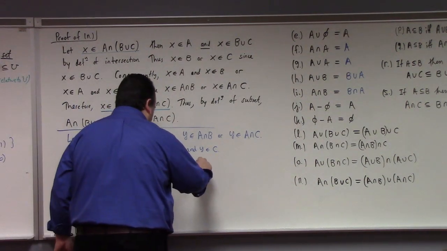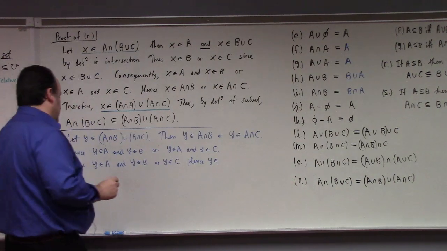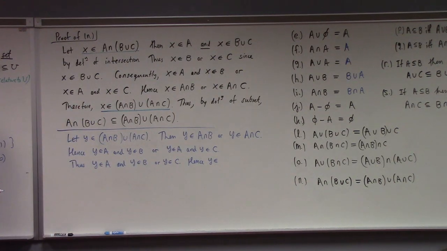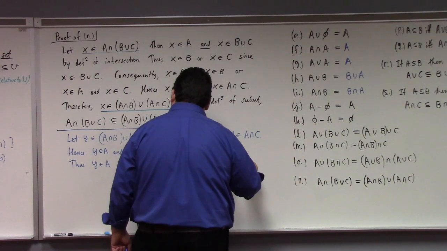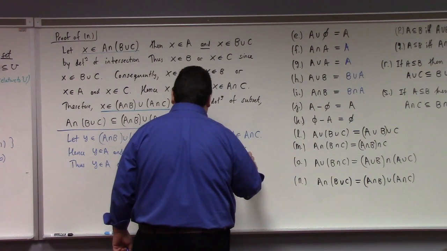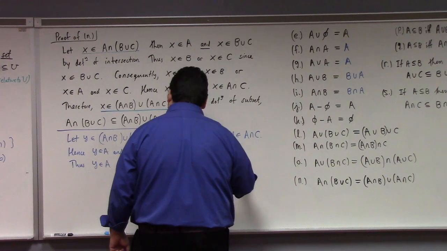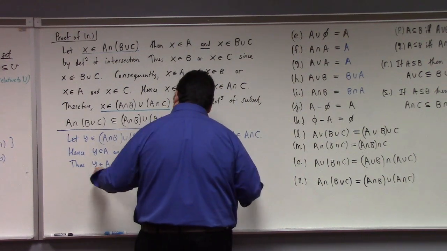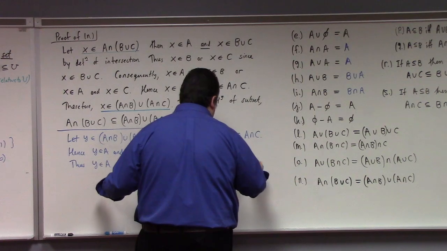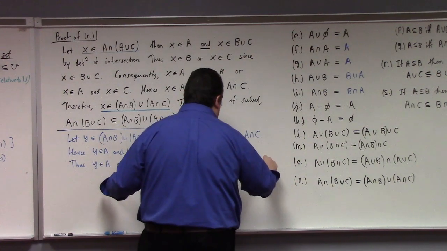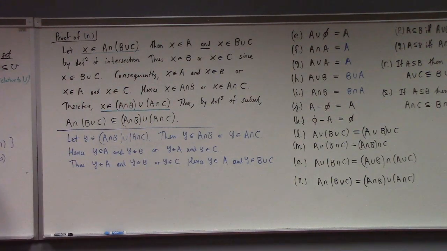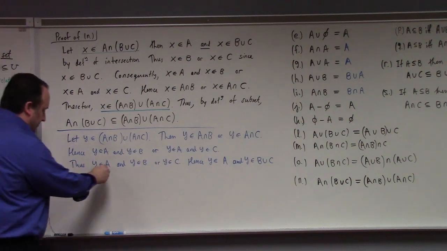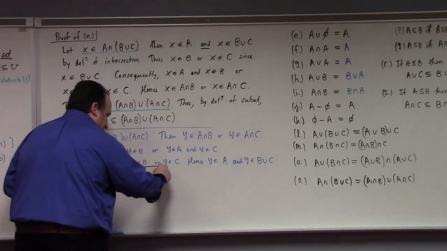Hence what? Y is an element of A intersect B, my bad. Let me say this, Y is an element of A and Y is an element of, I'll get out of the way here a second guys, B union C, right? So we have Y is an element of A and Y is an element of this or that, right?